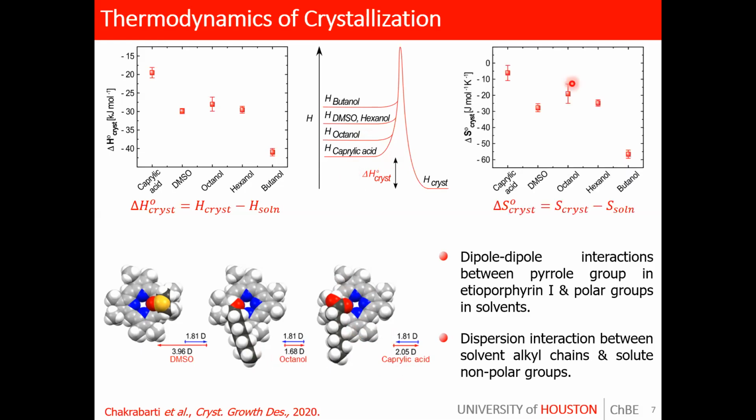When we look into the entropy of crystallization, we see that they are all negative, indicating that solute molecule loses degrees of freedom upon incorporation. But when we look into the trend of the entropy and enthalpy of crystallization across different solvents, we see that they are very similar.